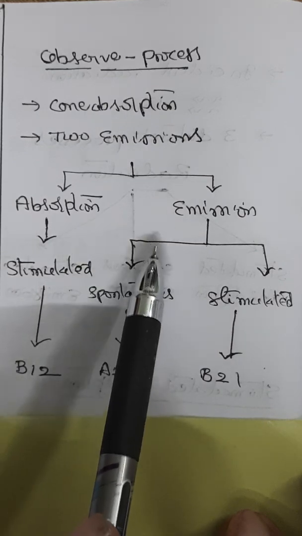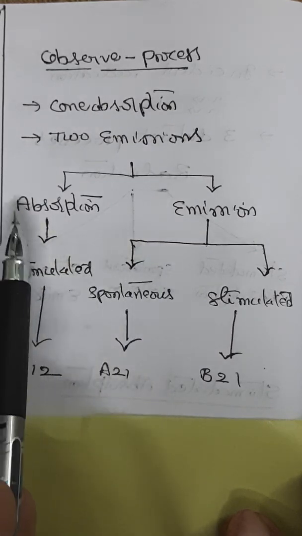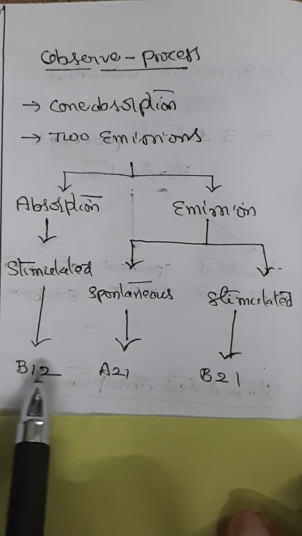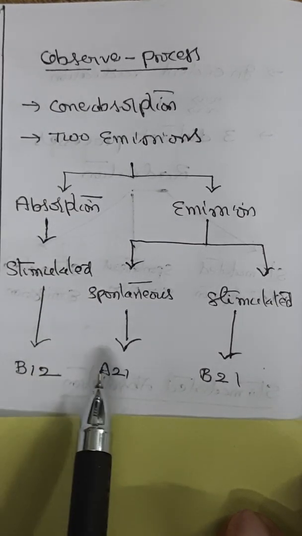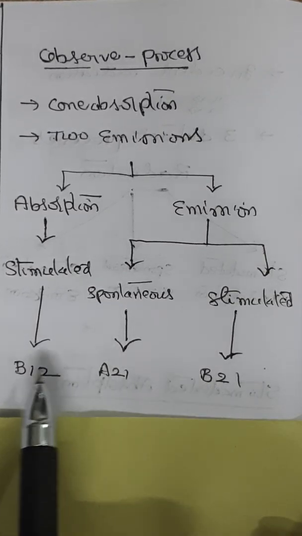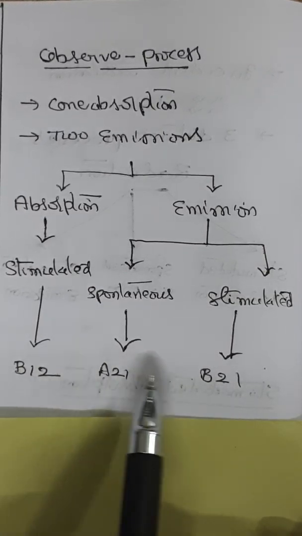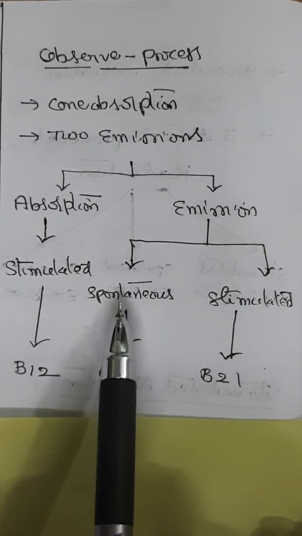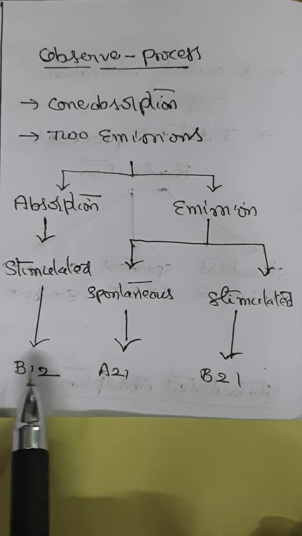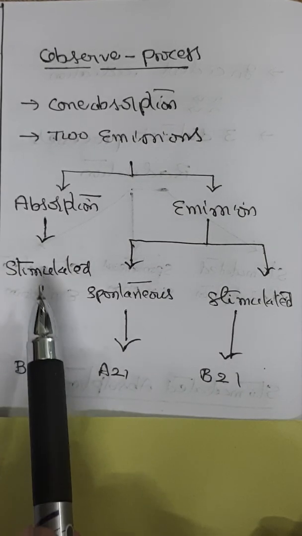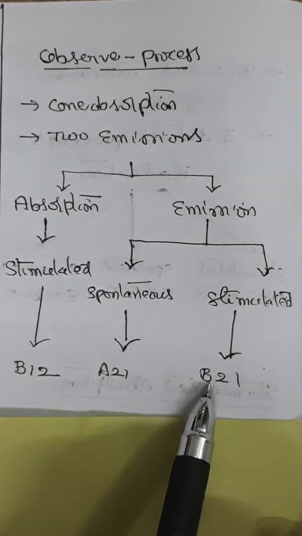As per Einstein, in stimulated absorption, the coefficient is named B12. Remember, and also interestingly observe, this is B12 and this is B21. Both are represented for stimulation. For spontaneous, Einstein has taken a coefficient A. So B12 is the Einstein coefficient of stimulated absorption.